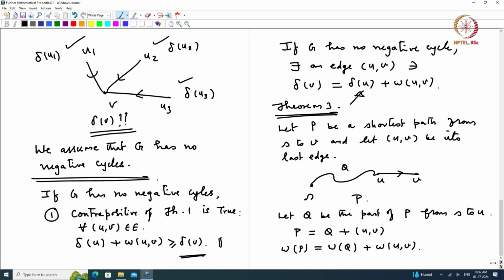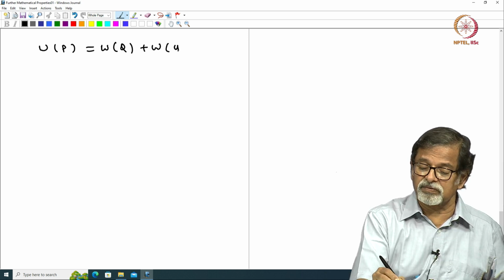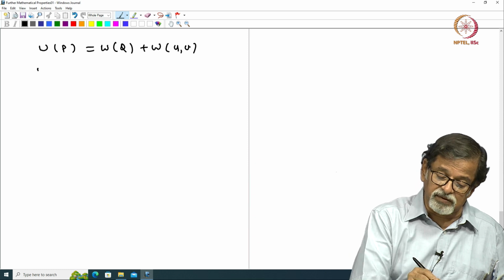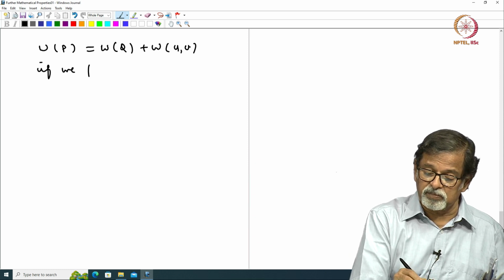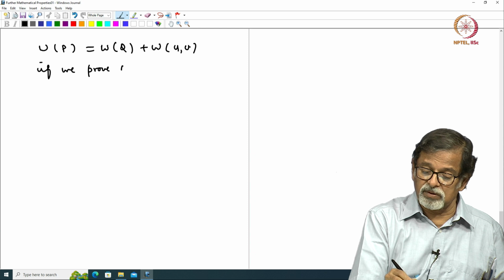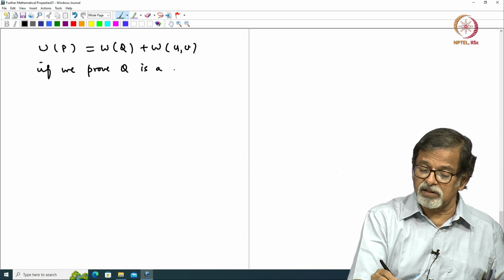If we prove that Q is the shortest path from S to U, okay. Suppose you prove that Q is the shortest path, weight of P equals weight of Q plus weight of UV.